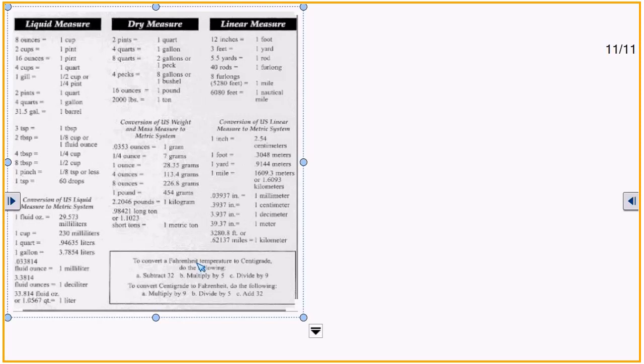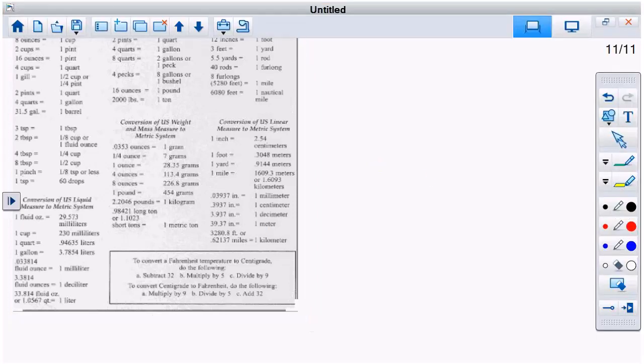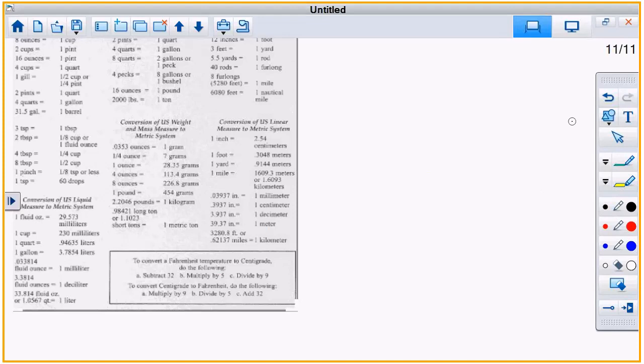To convert a Fahrenheit temperature to centigrade, you do the following. You take your Fahrenheit, subtract 32, multiply by 5/9. So I'm going to give you that formula as you will see it. You're going to see a formula.